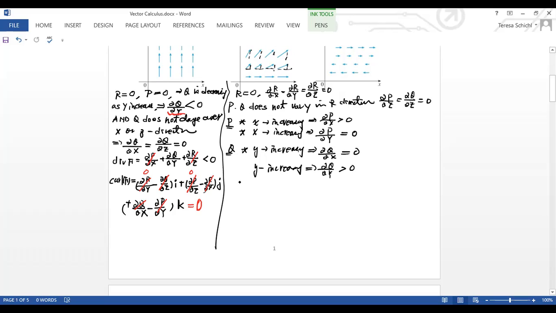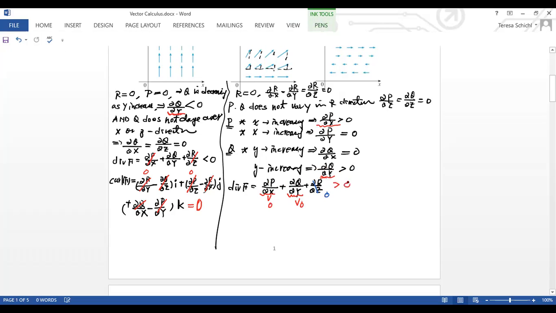All right, so now let's take a look. The divergence of F is going to be ∂P/∂x plus ∂Q/∂y plus ∂R/∂z. ∂R/∂z is 0. ∂Q/∂y is greater than 0, just like here. Then ∂P/∂x is also greater than 0.